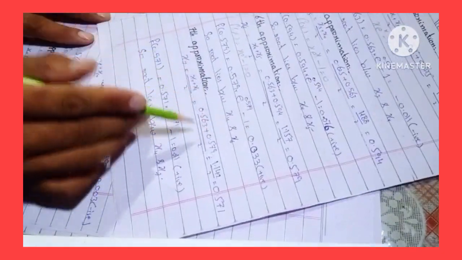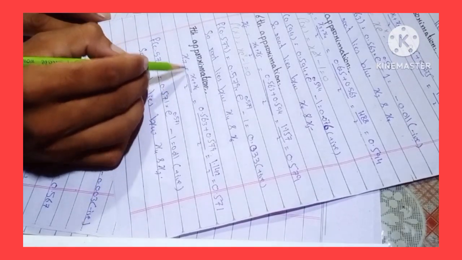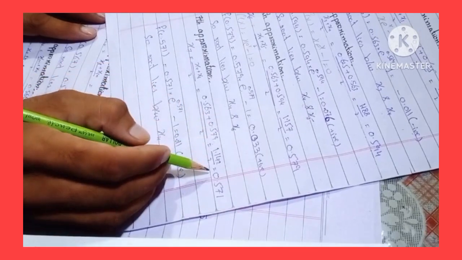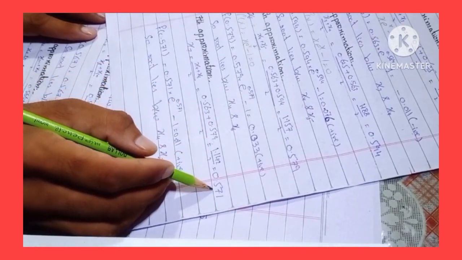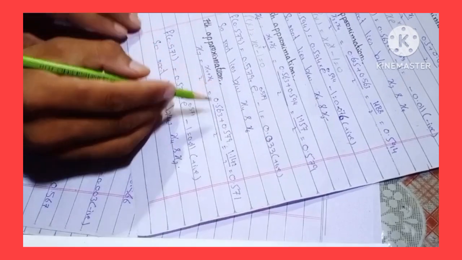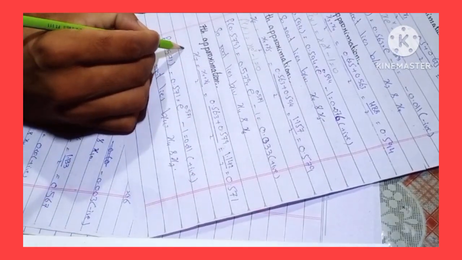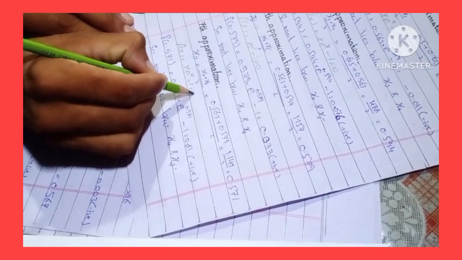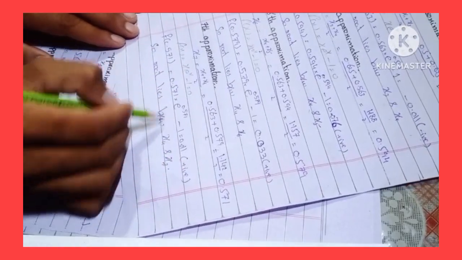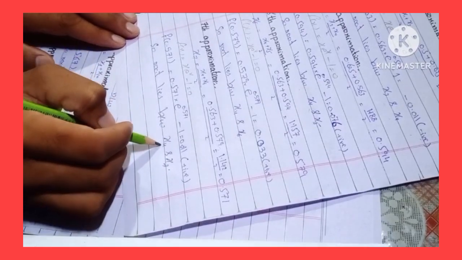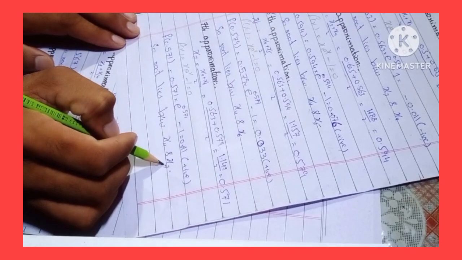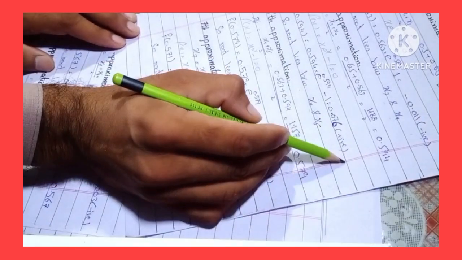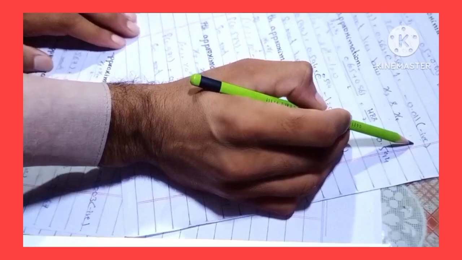The seventh approximation is similarly x7 = (x4 + x6) / 2. Putting values and solving, we get 0.571. This is put into f(x) = x e^x - 1 = 0, and then we solve it. So the root lies between x4 and x7, because x7, x6 and x5 are positive and x4 is negative.